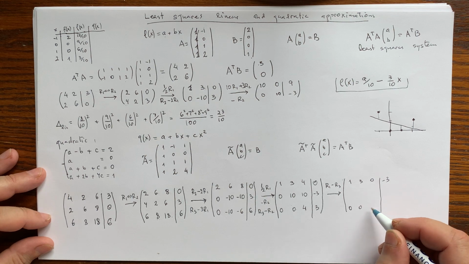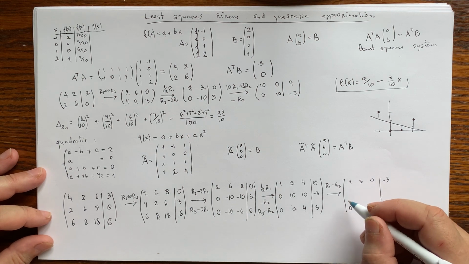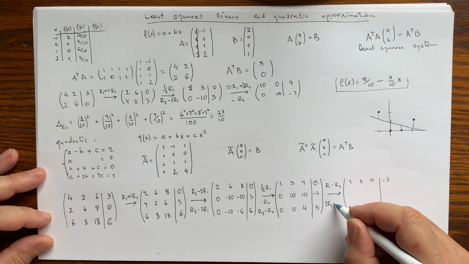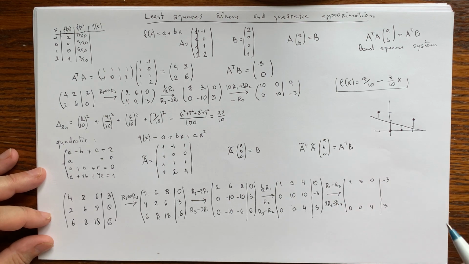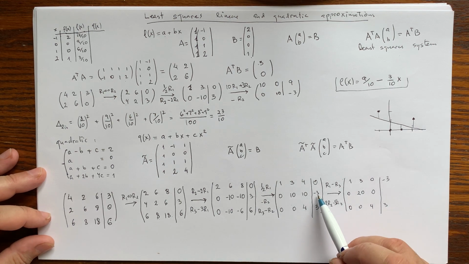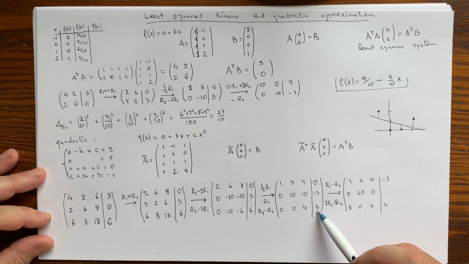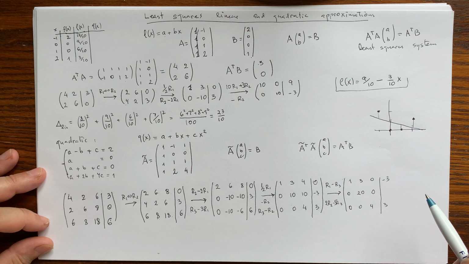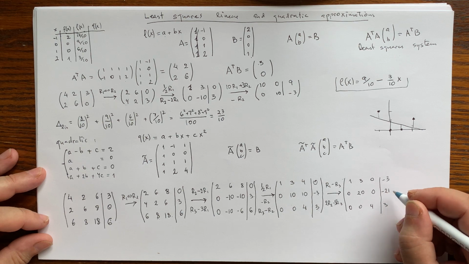In row 2, yeah, we can double it, so that will be 2 row 2 without row 3 5 times, and that will make 20 here, will make 0 here, and then -3 doubled will be -6, and then we are subtracting 5 copies of 3, so we're subtracting 15 out of -6, the result is -21.